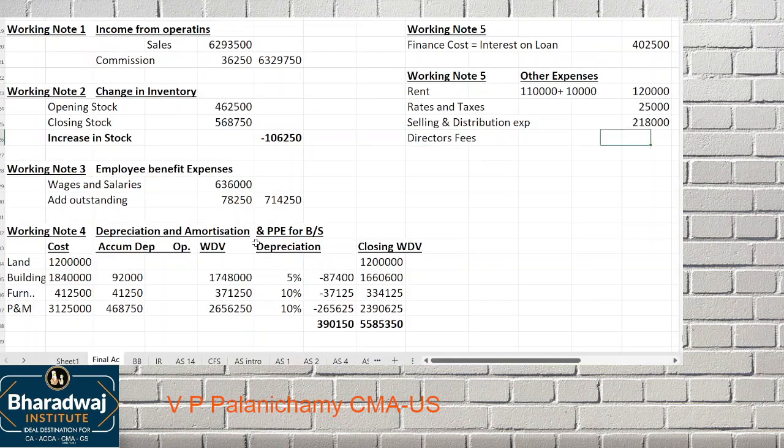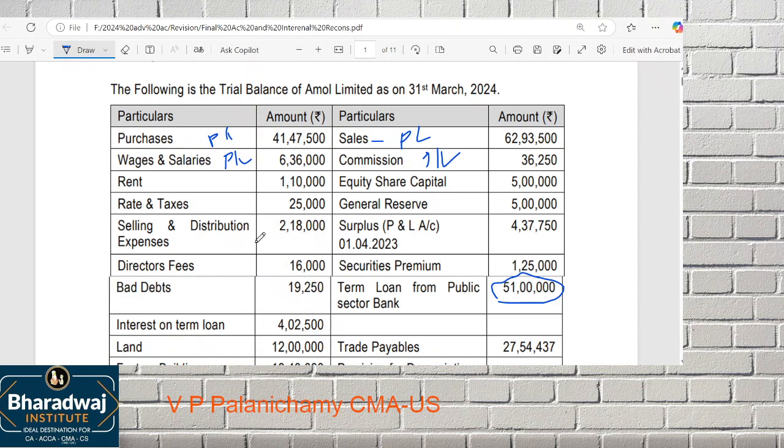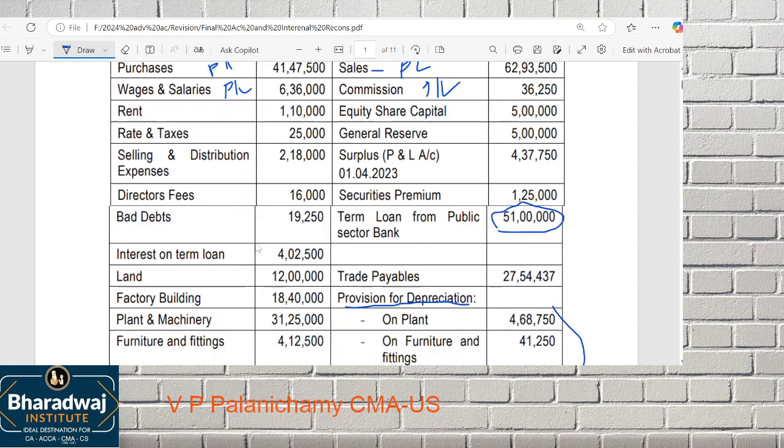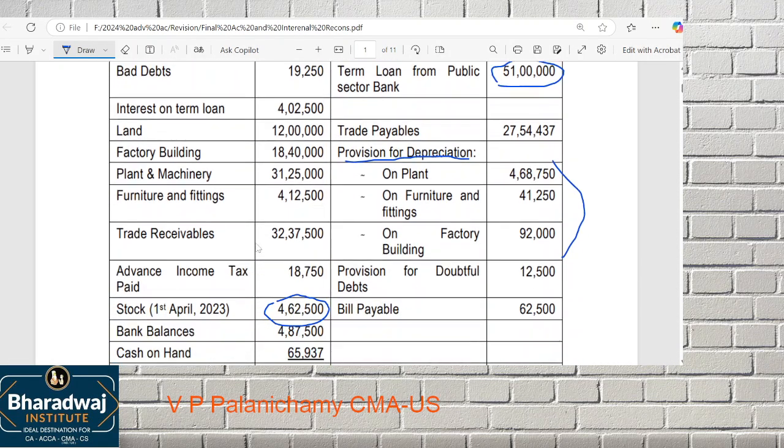Directors fees. What is the directors fees? 16,000. Next, bad debts. What is the bad debts value? 19,250. Provision for bad debts, same like any other final accounts. What is required at the rate of 5% on the debtors balance?